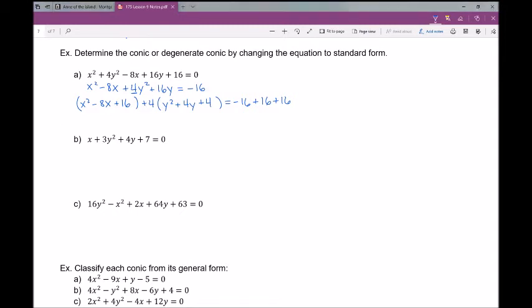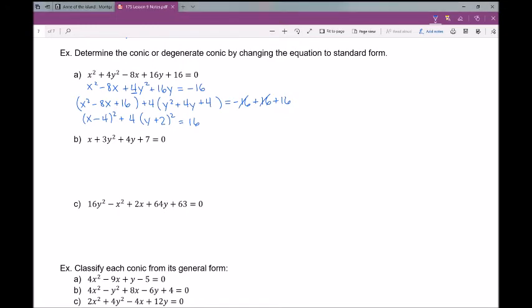So what we need to do next is just simplify everything. That means factor the left side and add everything on the right side. So on the left side, this will factor to x minus 4 squared plus 4 times y plus 2 squared is equal to 16. So negative 16 and 16 cancel. We're just left with 16.